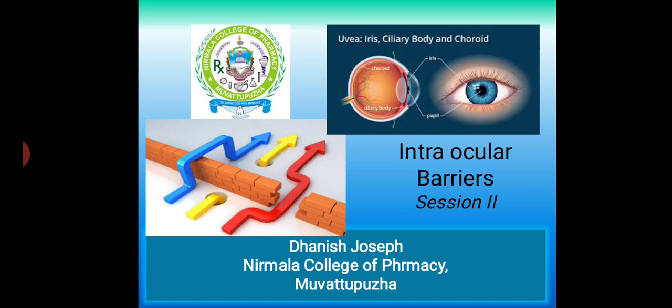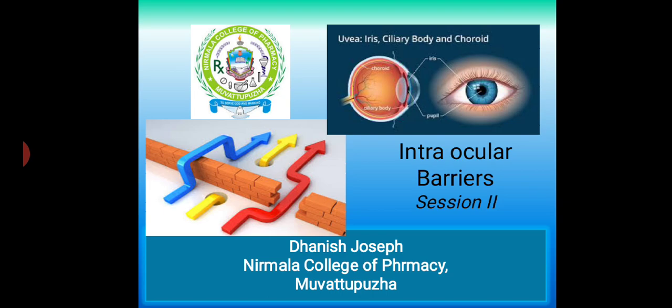What are the anterior segment static barriers? That was cornea, conjunctiva, iris ciliary body, lens, then blood aqueous barriers and efflux pumps. This we have discussed in detail in our last class.